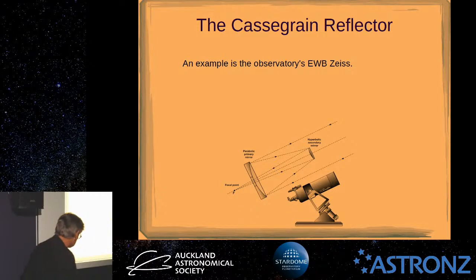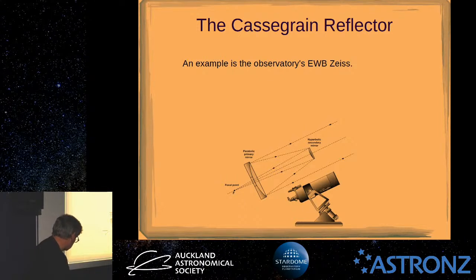So you have a parabolic main mirror, and this time, instead of having a flat secondary to deflect the light out of the side of the tube, you'll notice it has a convex mirror, so it acts as a magnifier in effect, increasing the effective focal length. It reflects the light and focuses it behind the main mirror.